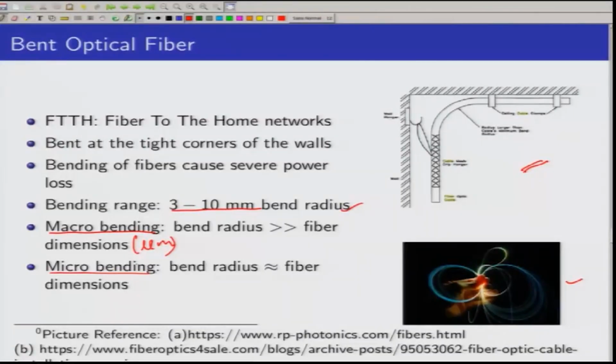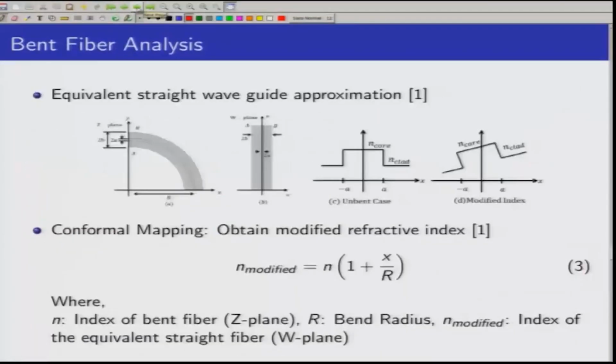Now, we know this comes under the macro bending case. Let us see how we are going to approach this problem. In figure A, we have a bent waveguide in an XY coordinate system, or equivalently a Z plane, where the fiber is bent and it has a certain refractive index, let us say n.